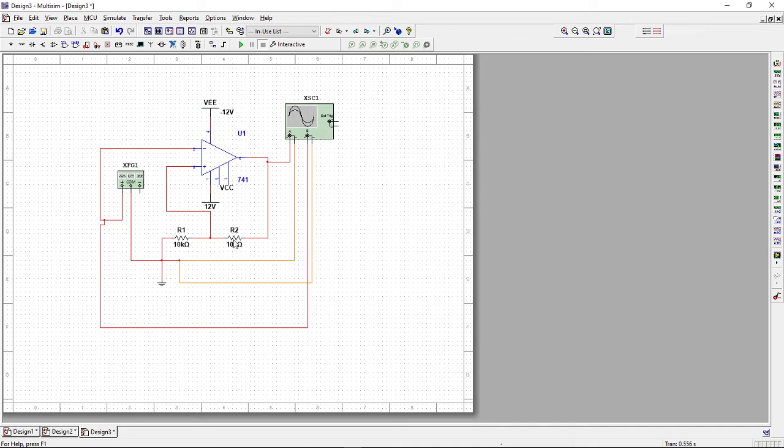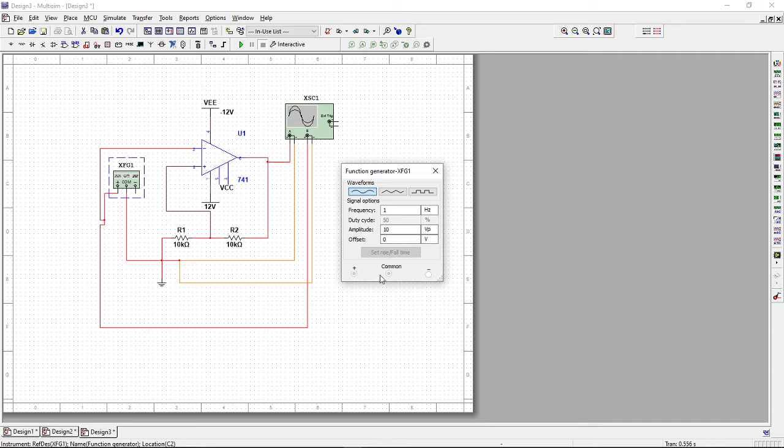Finally, my circuit is ready to run, but I didn't give an input to the circuit. So let us give the input to the circuit: 1 kilohertz, 10 volts.